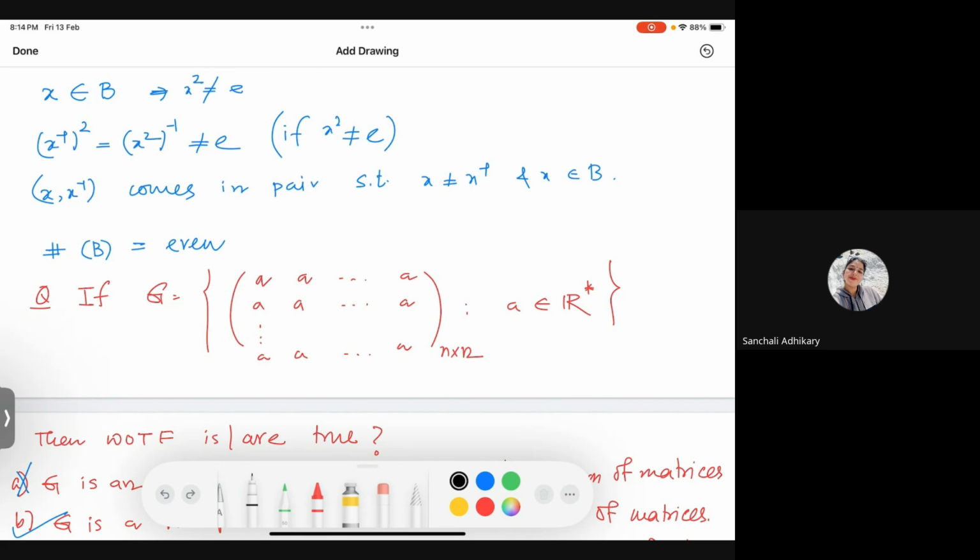Because the identity element, the zero matrix, does not belong to G, since A belongs to R star. If A belongs to R, then this will form a group with respect to addition also. So this is also a nice example.